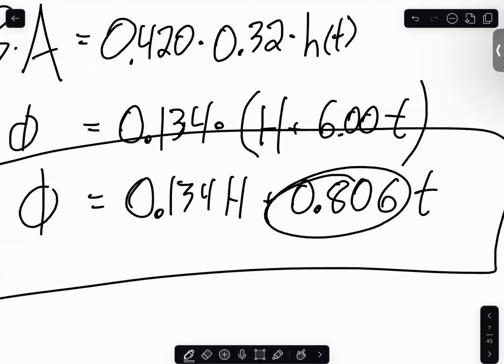Please review this. If you can't find the slope of a line, you need to be able to do that for this. But if you are exhausted and wondering if it's always going to be this hard for everything you do, no.